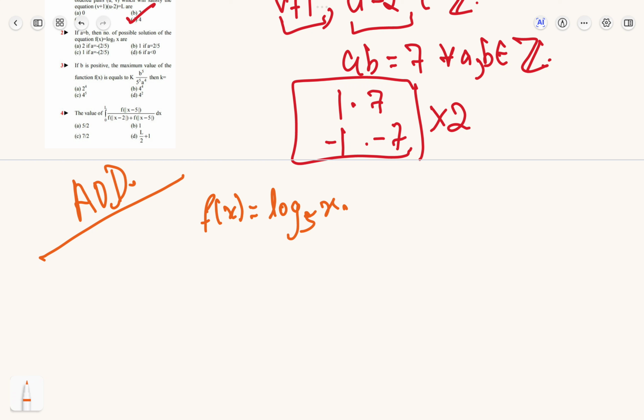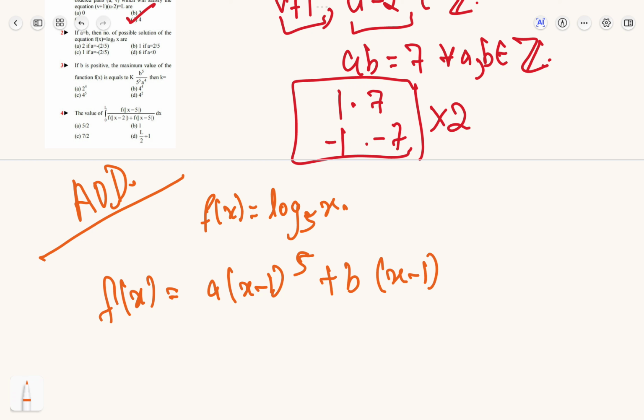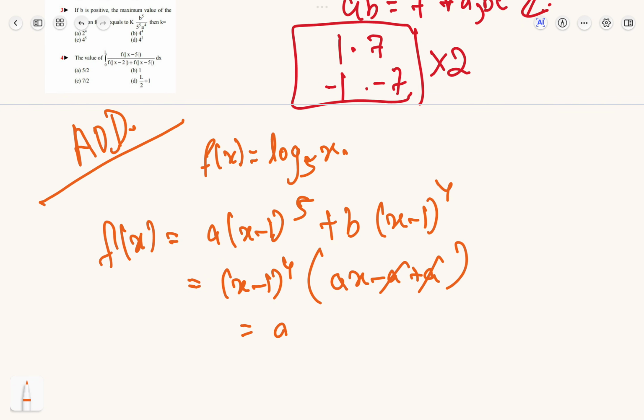So my f(x) was a times (x minus 1) power 5 plus b times (x minus 1) power 4. So I would take (x minus 1) power 4 common, and (x minus 1) plus 1, right? So this would be ax times (x minus 1) power 4, such that a was plus minus 2 by 5.